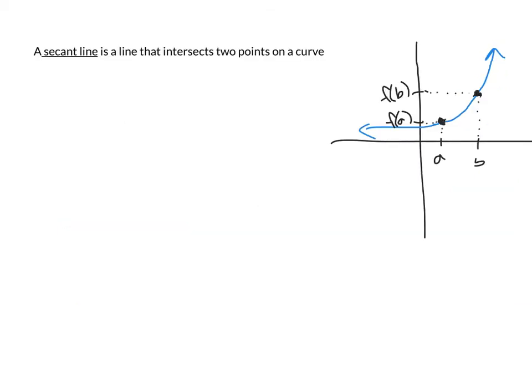So I mentioned previously, a secant line is a line that intersects 2 points on a curve. Here's a picture of a secant line right here. And the slope of the secant line, we often see written as m with a subscript of SEC for secant, is just going to be, again, change in y over change in x.